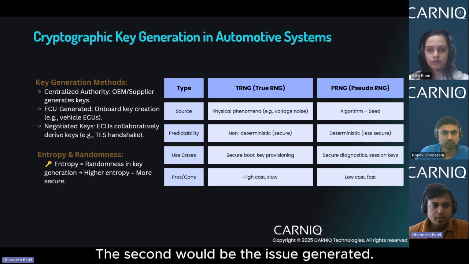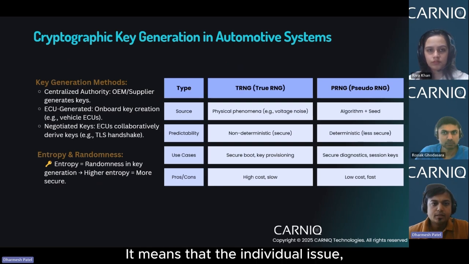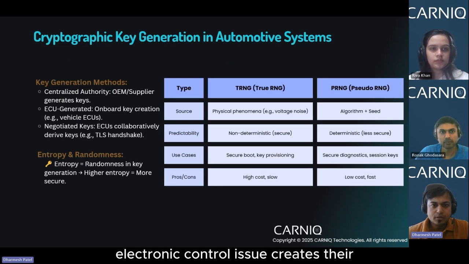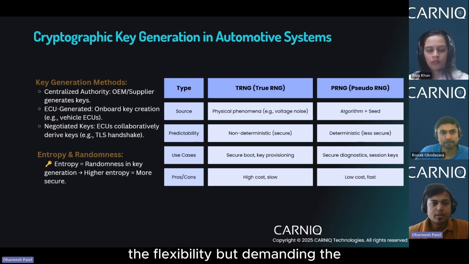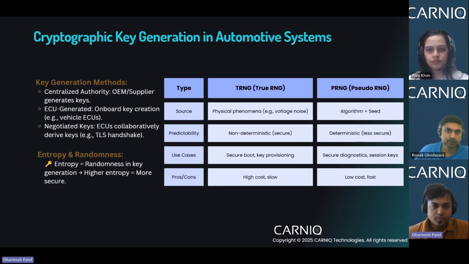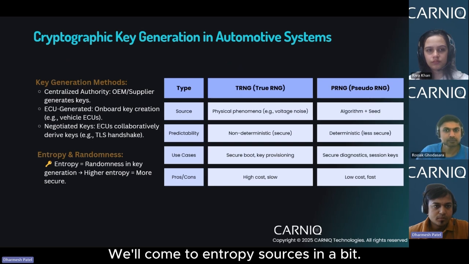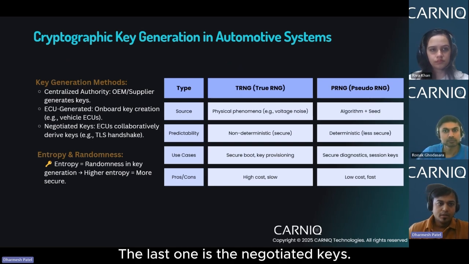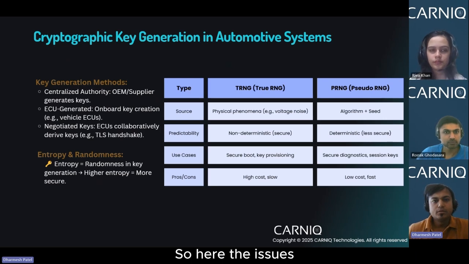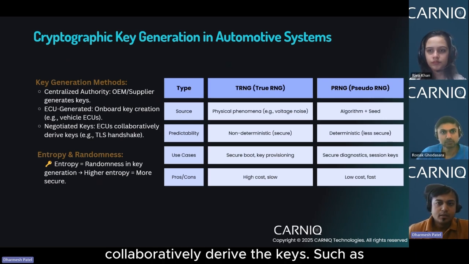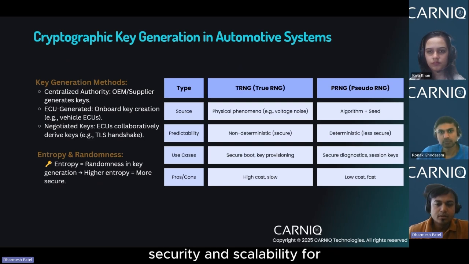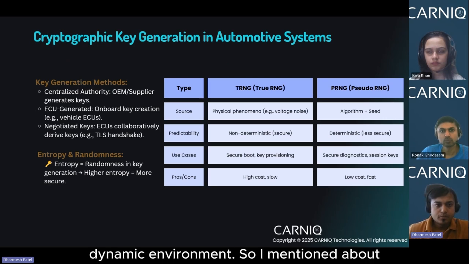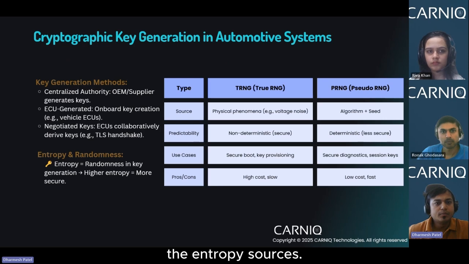The second is ECU-generated, meaning that the individual ECU, electronic control unit, creates its own onboard keys, offering flexibility but demanding robust entropy sources. We'll come to entropy sources in a bit. The last one is negotiated keys. Here the ECUs collaboratively derive the keys, such as during TLS handshakes, balancing security and scalability for dynamic environments.